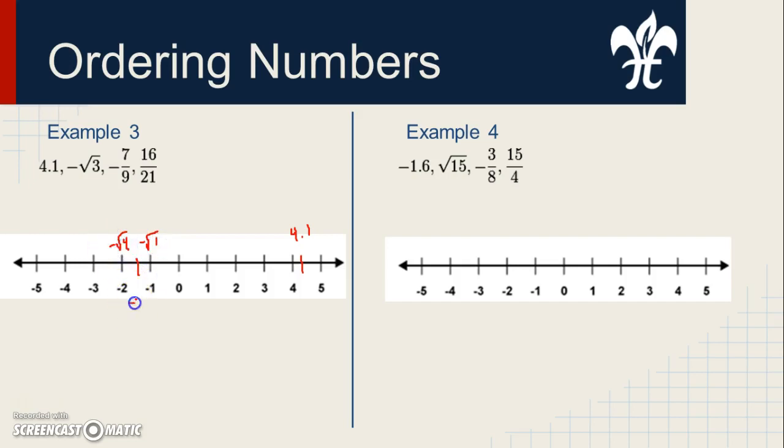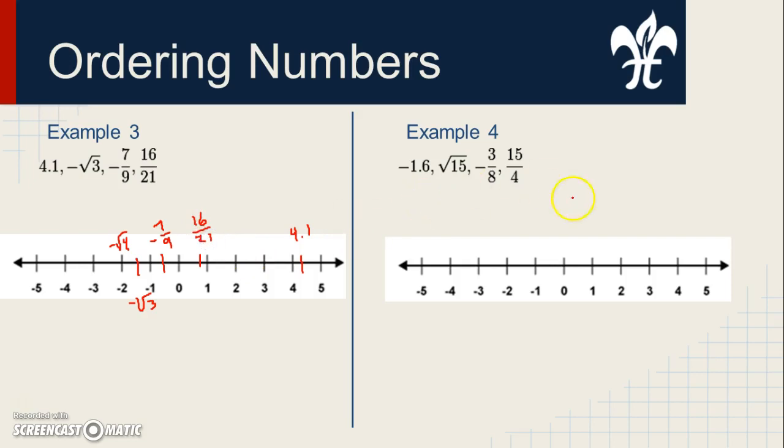So it's somewhere in this range. It's in between those two. Negative 7/9 is almost negative 1. So this here, let me get rid of this radical. This here is negative 7/9. 16/21 is less than 1. So it's in between 0 and 1. 16/21.